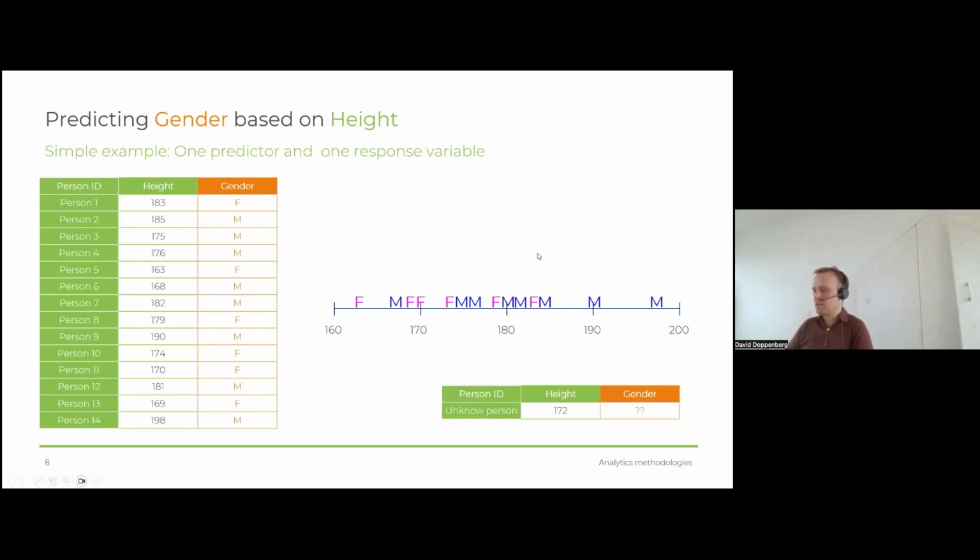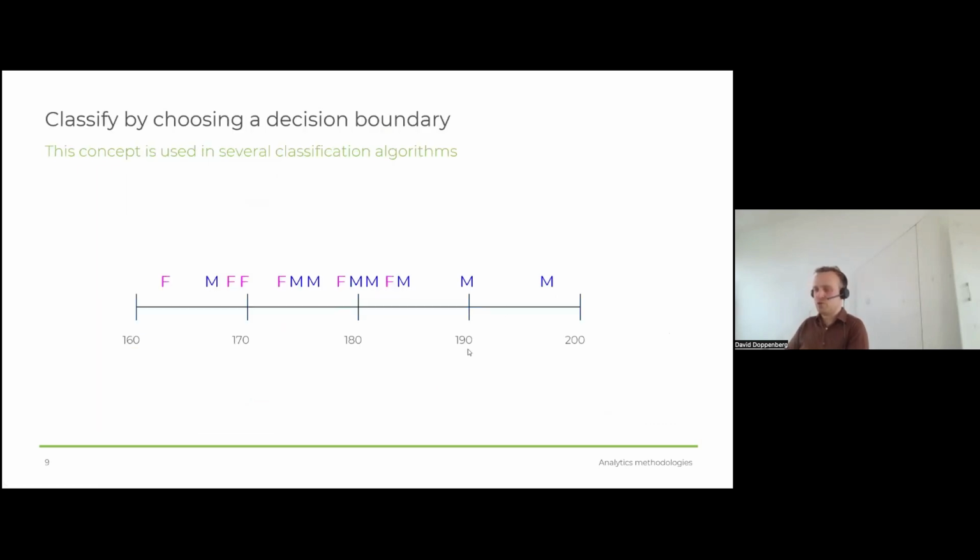So if we want to make a prediction, that means we get a new person with a height, but we don't know the gender yet. We need to find a certain way to deal with that, and that's done with a decision boundary.